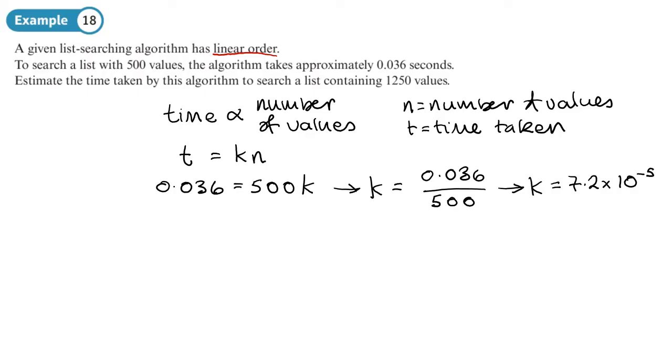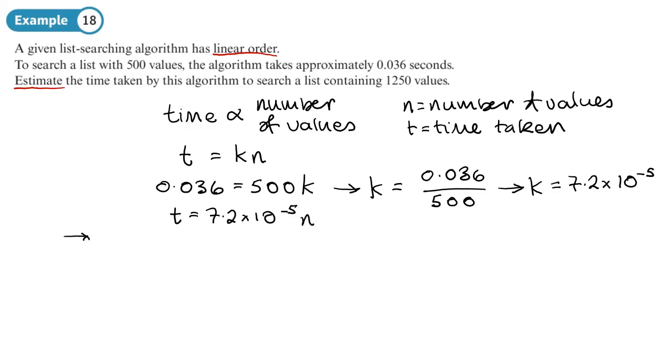And estimate the time taken. Remember, this is only an estimate. It's not going to be the exact time. Time taken for this algorithm to search a list with 1,250 items. So our equation is going to be t equals 7.2 times 10 to the -5 n.